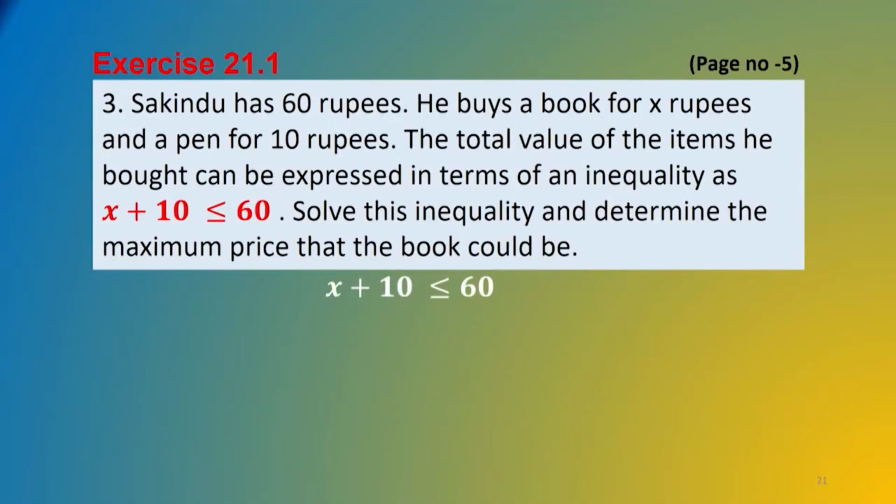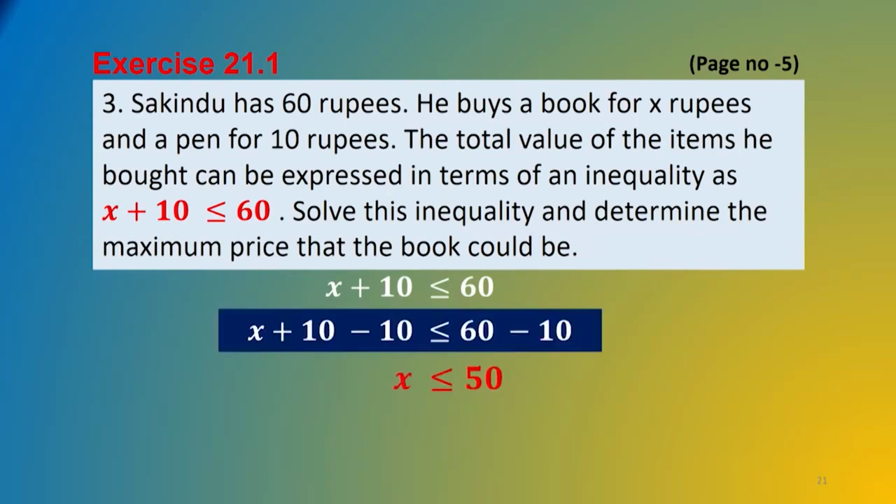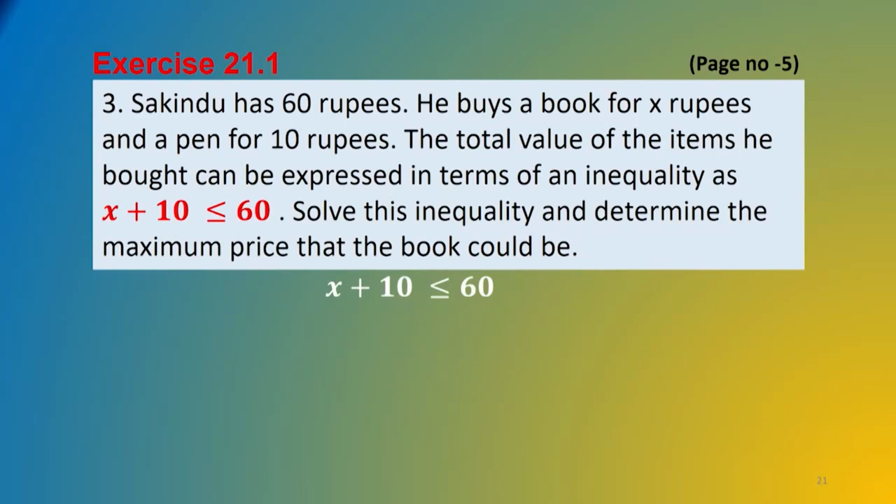In your textbook, exercise 21.1, page number 5. Look at the book. You can read with me. Third question, Sakindu has 60 rupees. He buys a book for x rupees and a pen for 10 rupees.